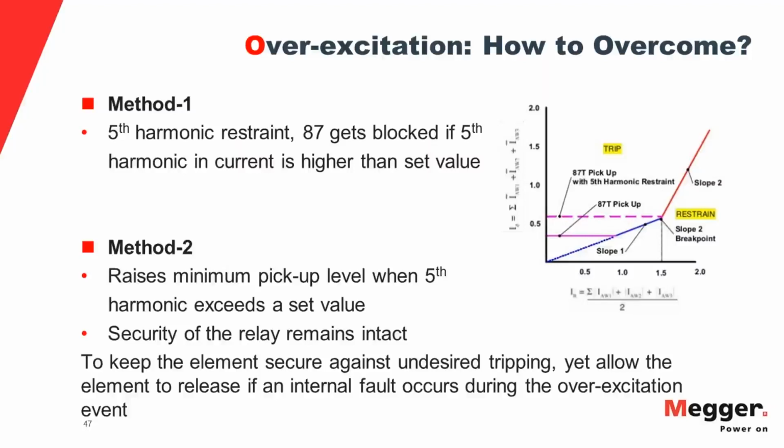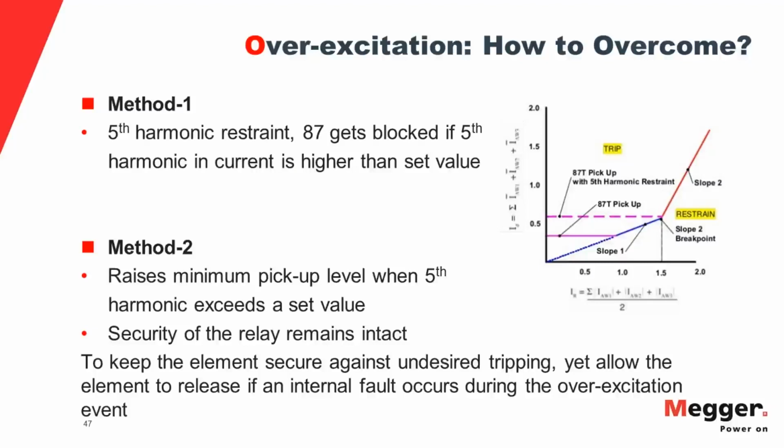But there is a problem with method one, which has been seen by the people out in the field. Let's say you have an over-excitation condition, but during that over-excitation condition, an internal fault happens. According to the logic of method one, the differential relay will be restrained.